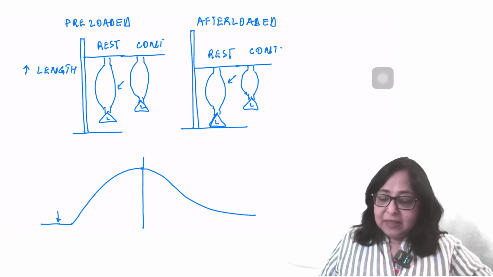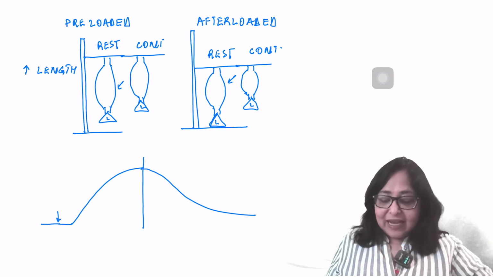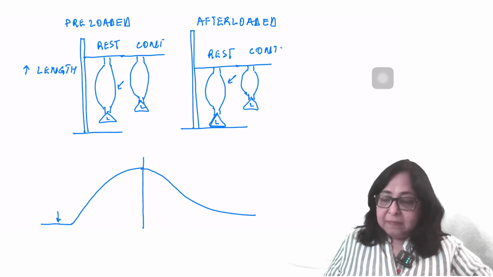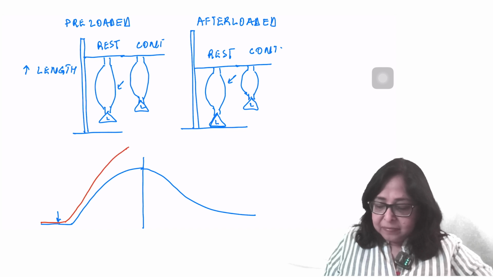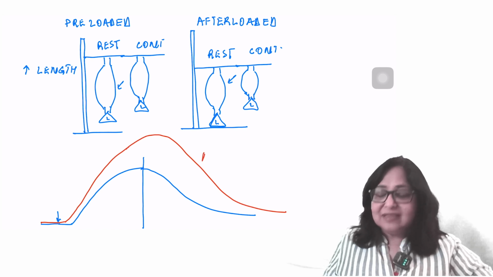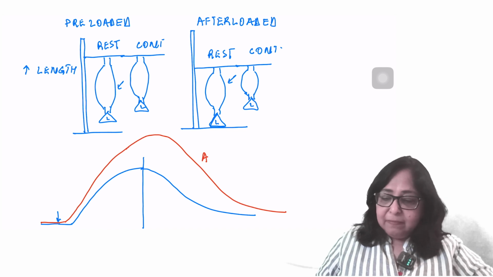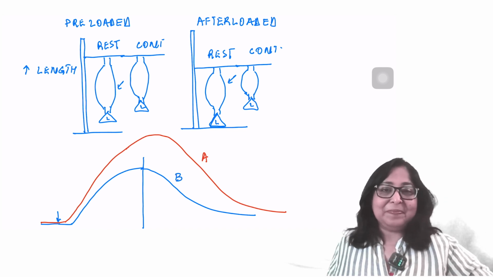Now, in the preloaded state, we find that the latent period, so if I look at the preloaded and the afterloaded state, this is the muscle contraction. The one in red is the preloaded state. A graph is for preloaded and the B graph is for afterloaded state.